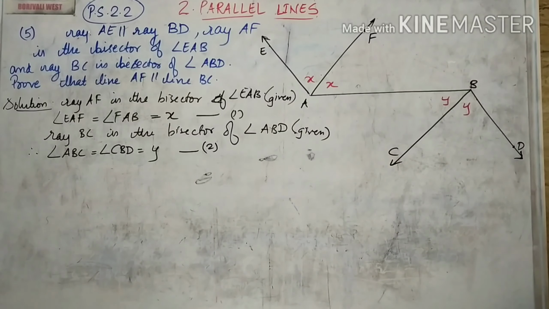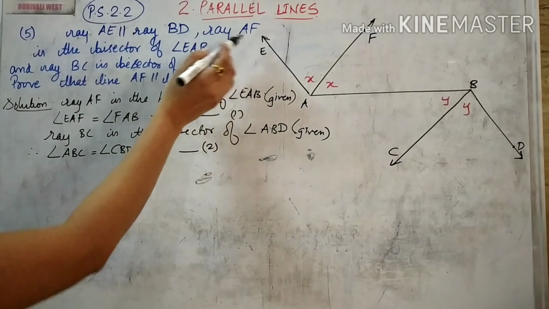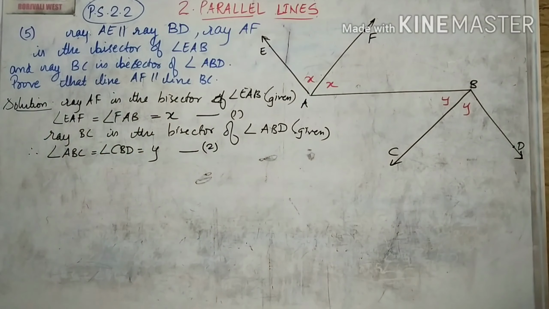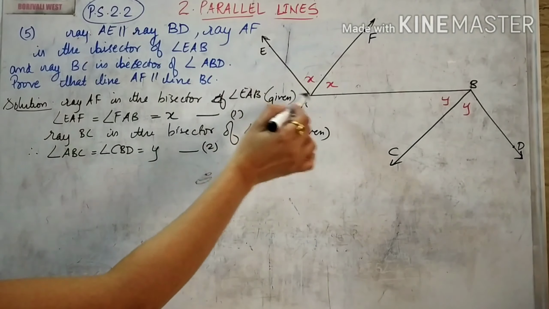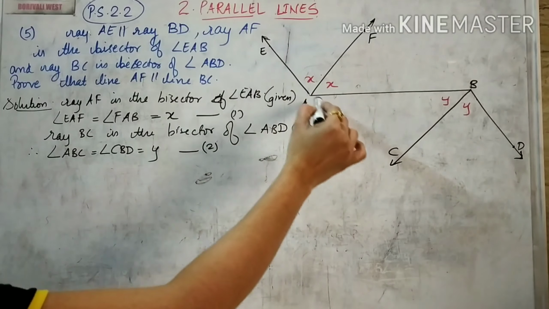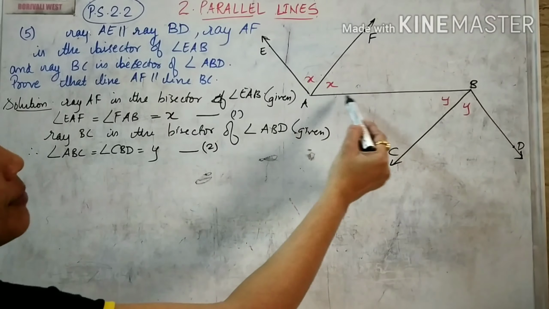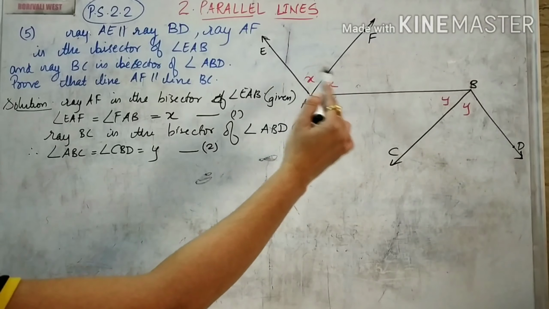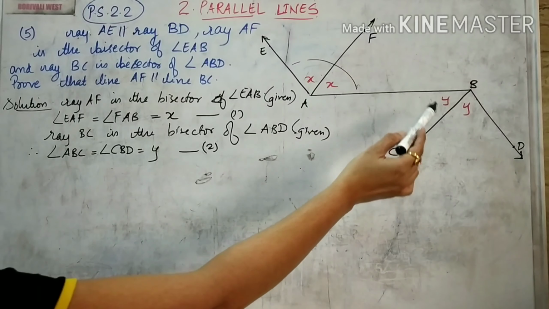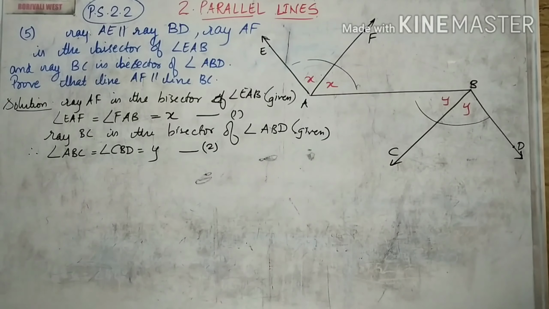Now, I've used this property, the angle bisector information given to us, that I have written here. Now, what else is given to us? AE is parallel to BD. So, if AE is parallel to BD and AB is a transversal, can I say this entire angle is equal to this entire angle? Yes.